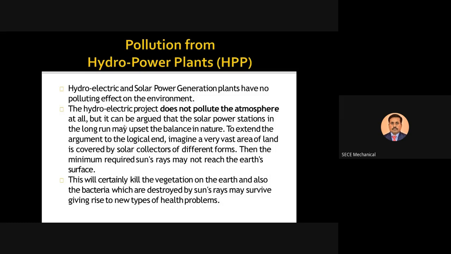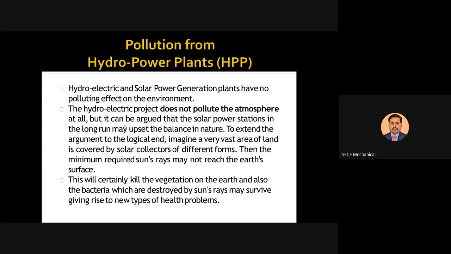So if we provide solar collectors over a large area, these are the two effects: one is killing the vegetation on the earth, and second, the bacteria destroyed by the sun rays may survive, giving rise to new health problems. If the sun rays do not reach the earth's surface, bacteria will definitely rise in that area.